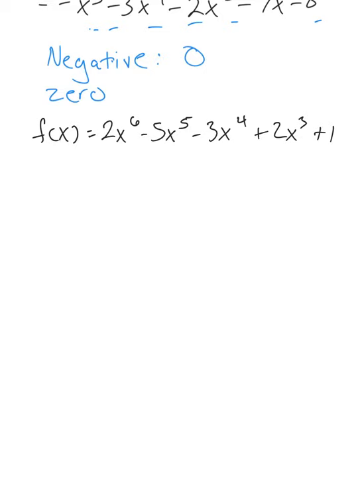Okay, so then let's see our changes. We have 1 change here, 1 change here. So our positive zeros, we have either 2 or possibly 0. So you have 2 and then you go back 2.